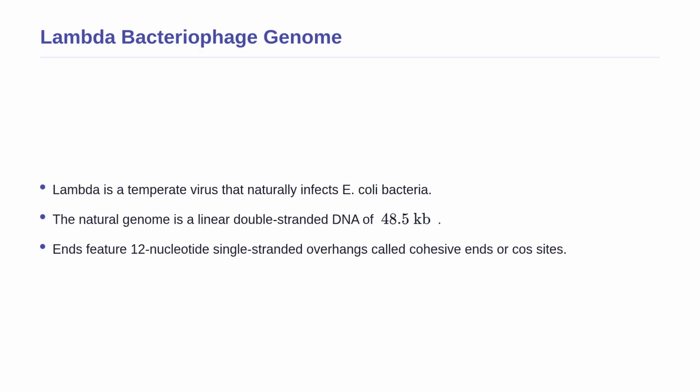Interestingly, at each end of this linear DNA, there are single-stranded overhangs of 12 nucleotides. These are known as cohesive ends, or COS sites. These COS sites are crucial because they allow the linear DNA to circularize immediately once it enters the host cell, protecting it from degradation.